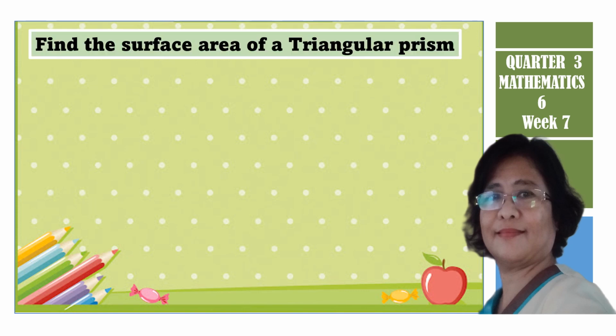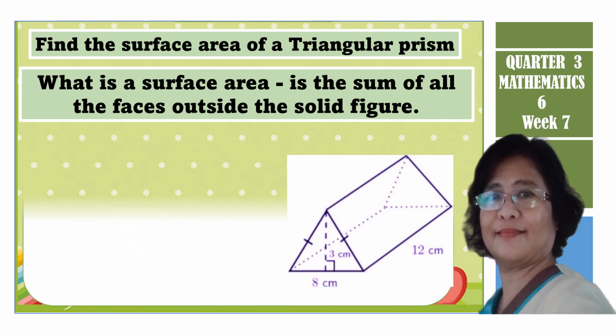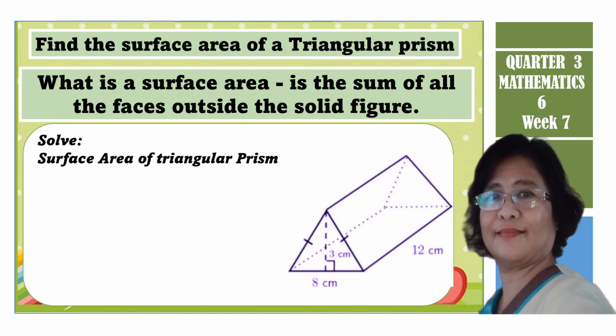Now, let us formulate the formula for the triangular prism. So this is our figure. Let us solve for the area of the triangular prism. For our formula, since we have 2 triangles, what is the formula for a triangle? We have base times height divided by 2.